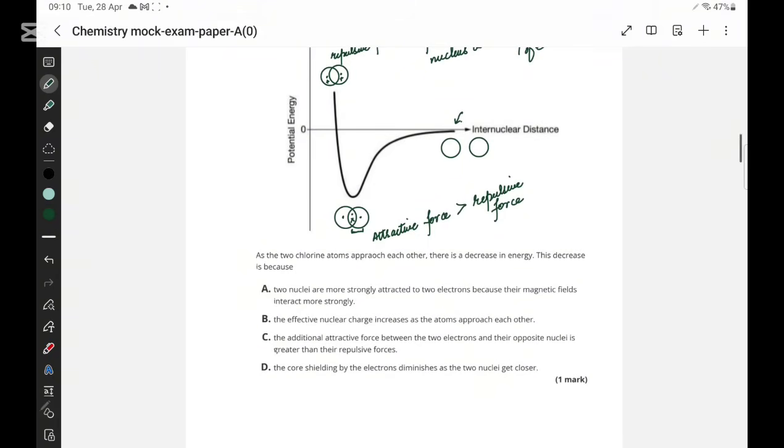So you can see in option C, the additional attractive force between two electrons and their opposite nuclei is greater than the repulsive force. That is why there is a decrease in energy. So our answer is going to be C.